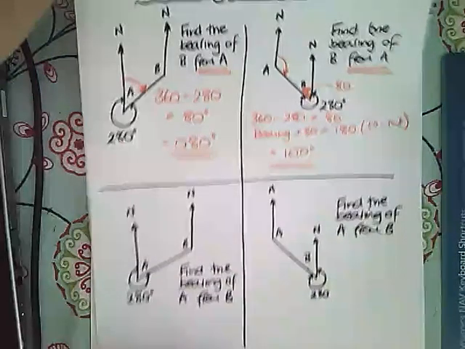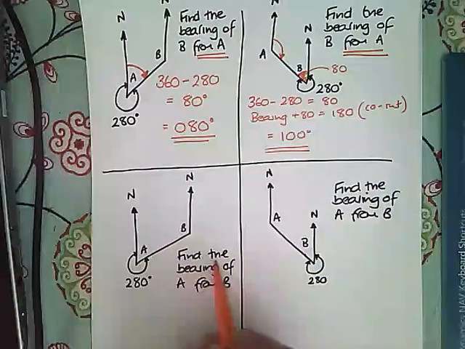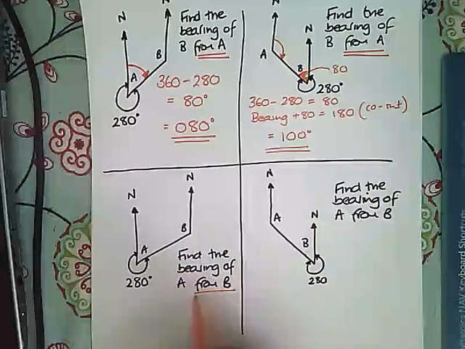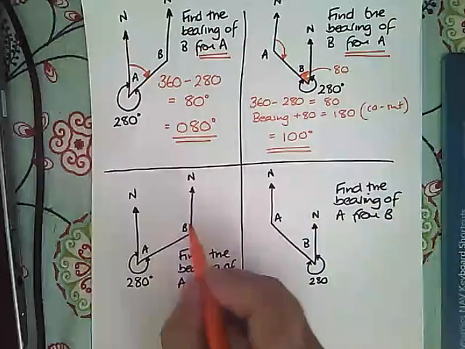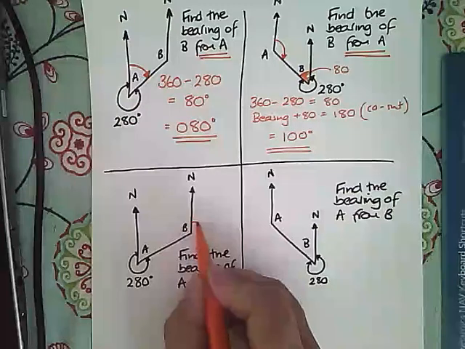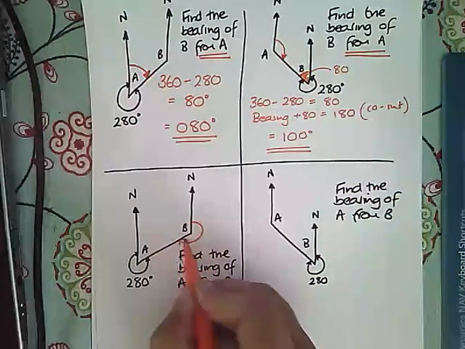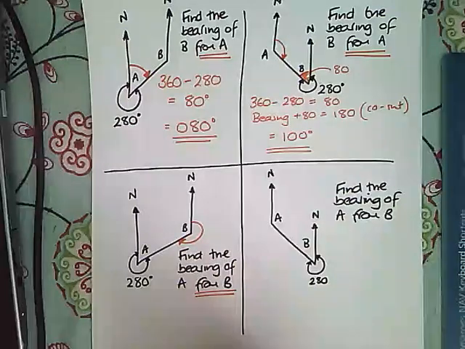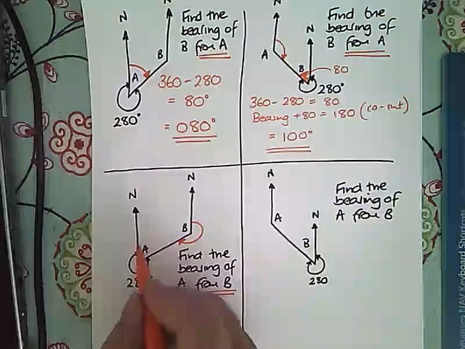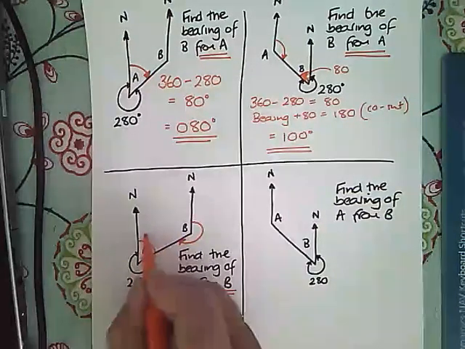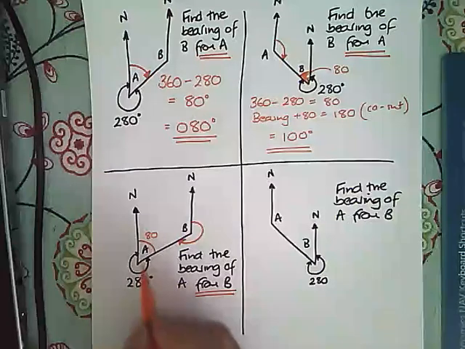On the question down here, find the bearing of A from B. This time I am at B. I want to turn clockwise all the way around here, and that would be my bearing. Now again, I'm going to use co-interior, and this is 80 because of angles around a point.